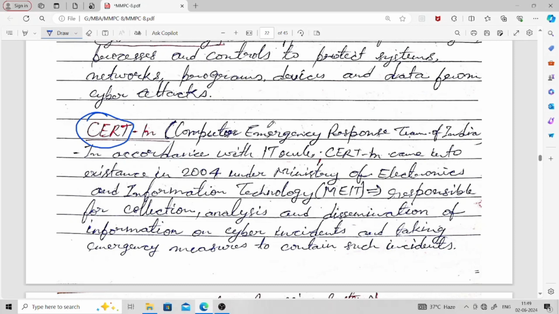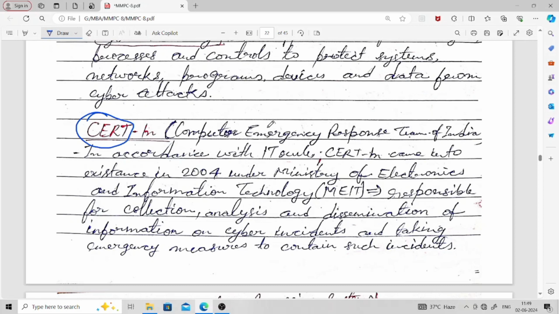It is responsible for the collection, analysis, and dissemination of information on cyber incidents. Whatever cyber incidents or cyber crimes happen, information regarding all of them is collected by CERT-In, the Computer Emergency Response Team of India.